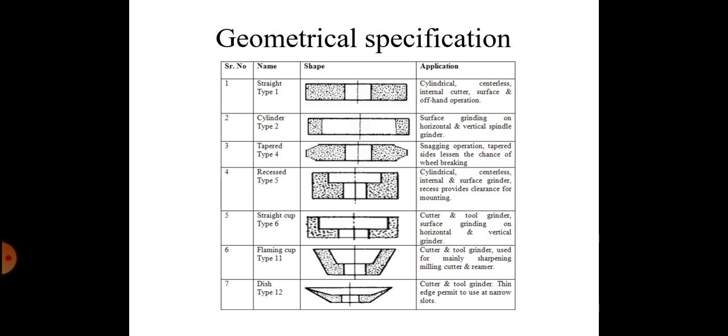Recesses are provided for clearance for mounting purposes. Then the straight cup type, which is a cup in section. This type is used in cutter and tool grinders and surface grinding on horizontal and vertical grinding machines.